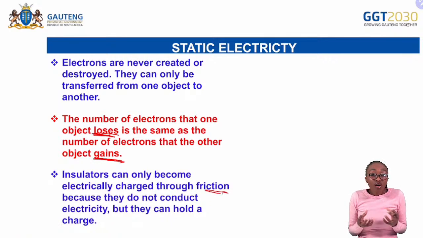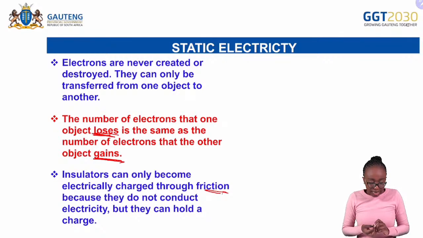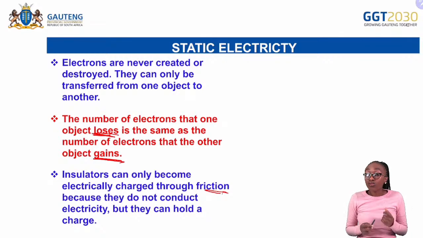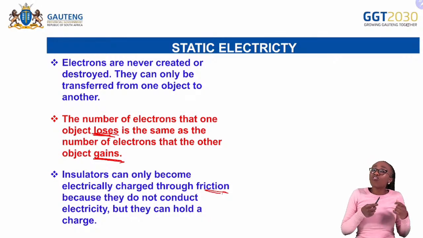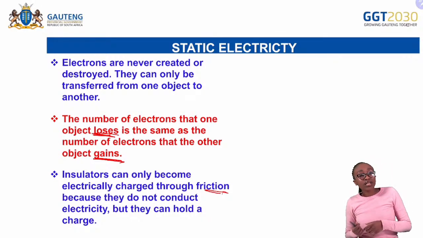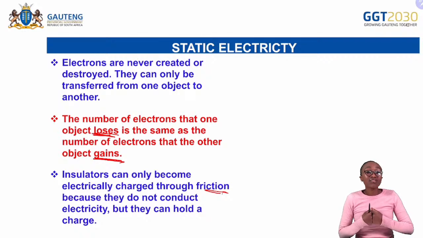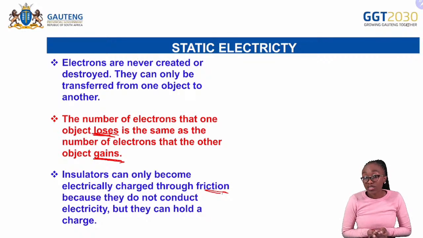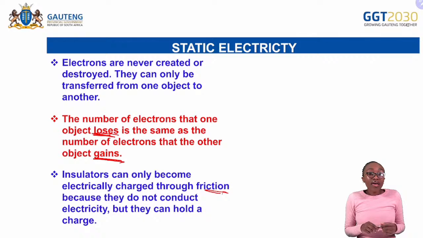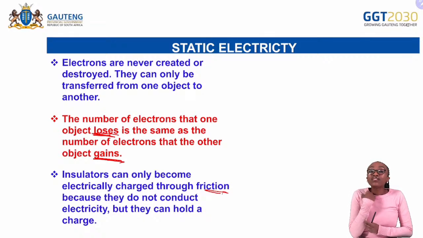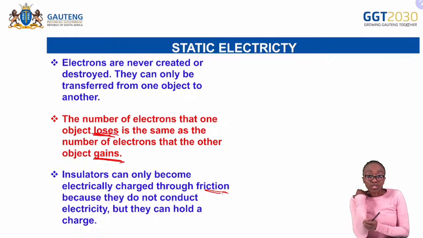Because they cannot conduct electricity, they can hold a charge. Now, remember when we were learning about properties of metals and non-metals, we said non-metals do not conduct electricity. However, non-metals, or rather insulators, like my woolen jersey here, cannot conduct electricity, but they can hold a charge.